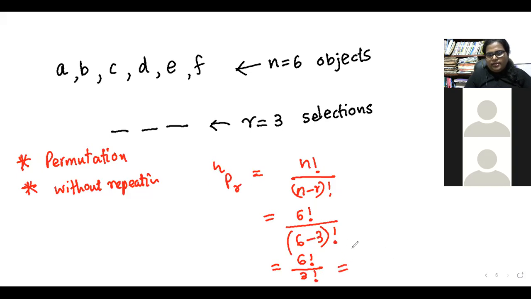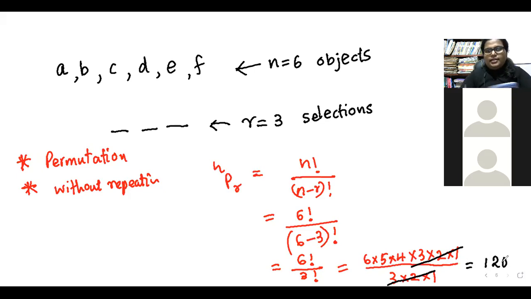We can write 6 factorial as 6, 5, 4, 3, 2, 1, divided by 3 into 2 into 1. So you can cancel these terms, because 3, 2, 1 and this 3, 2, 1 cancel each other. Then 6 into 5 is 30, 30 into 4 is 120.